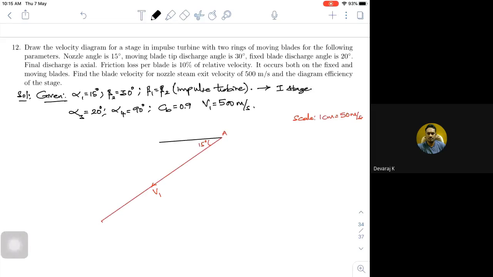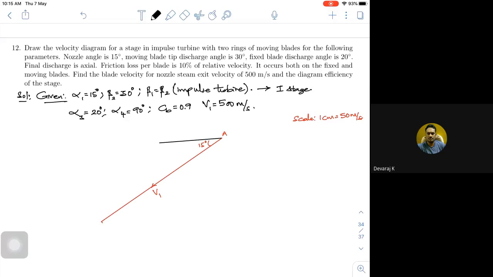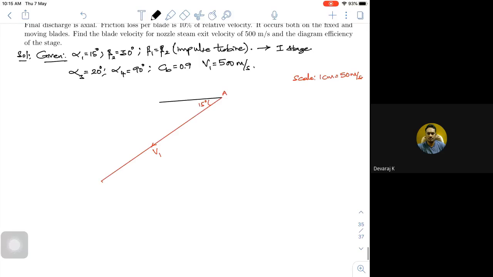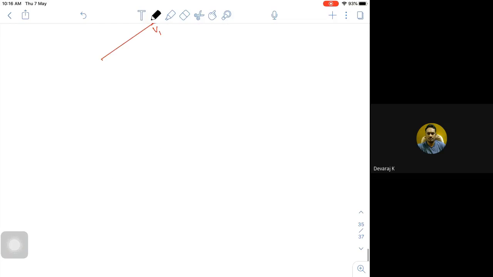And what is your VW1? VW1 is V1 cos alpha 1, that is 500 into cos 15. And what is my VF1?